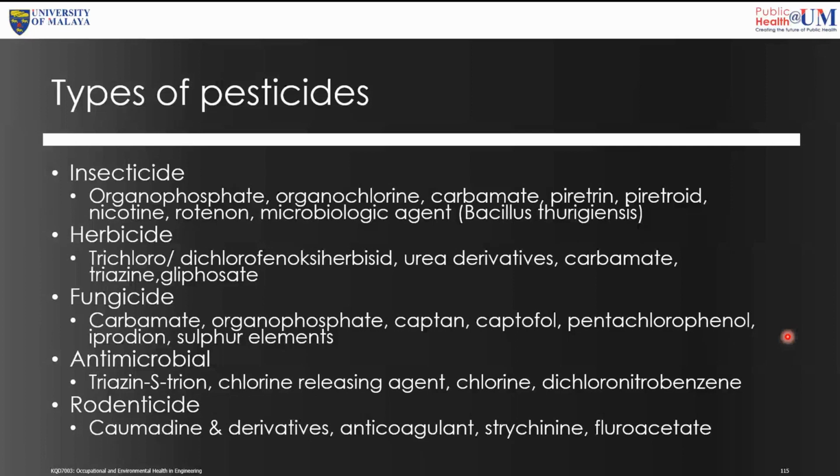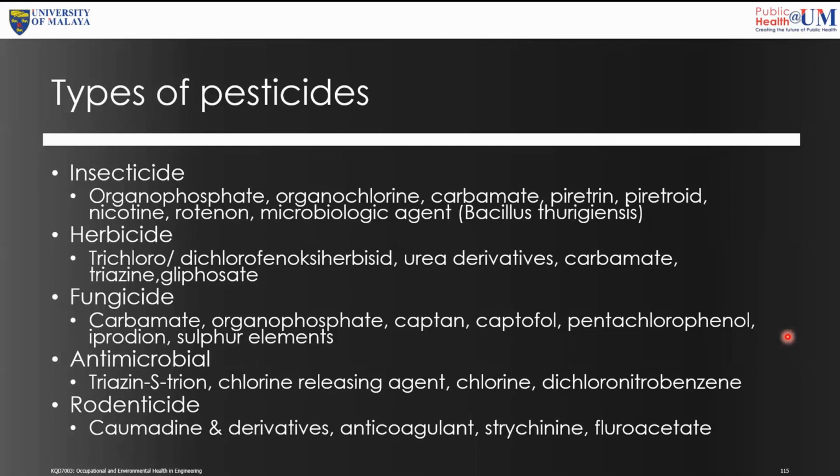Fungicides include carbamate, organophosphate, ketone, pentachlorophenol, iprodione, and sulfur elements. Antimicrobials include triazine, chlorine-releasing agents, chlorine, and dichlorobenzene. Your rodenticide contains coumarin derivatives, anticoagulants, and fluoroacetate.